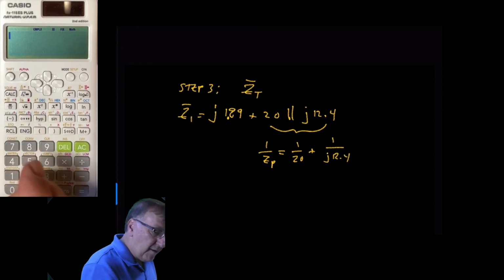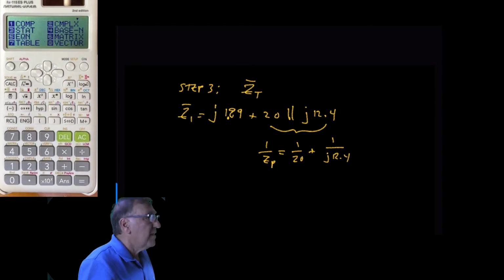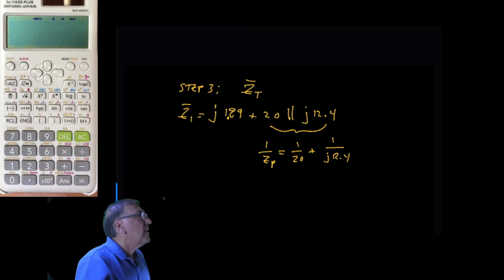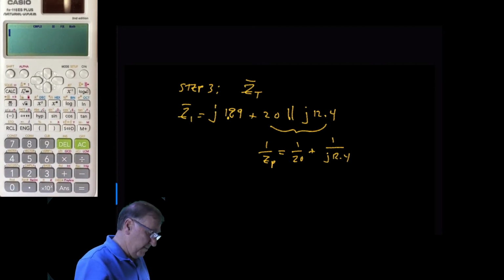And we can use our calculator now to solve that. Just make sure that the calculator is in the complex mode. That's mode 2. It puts it in complex mode. So now we can solve this equation.